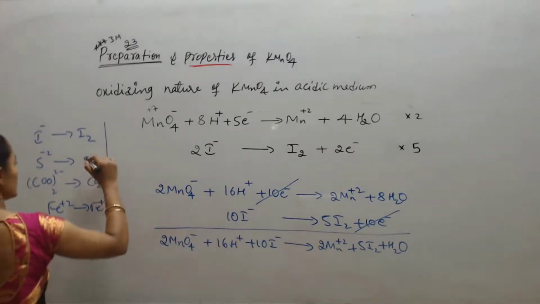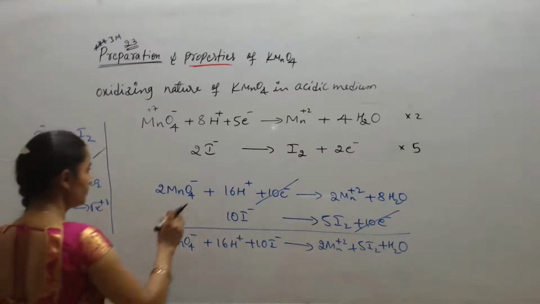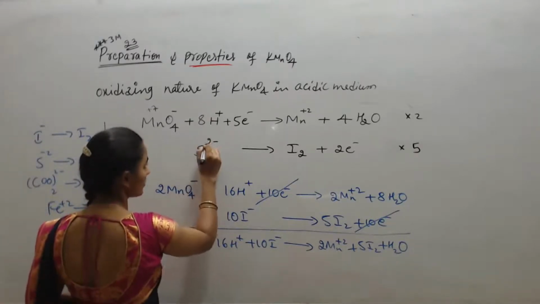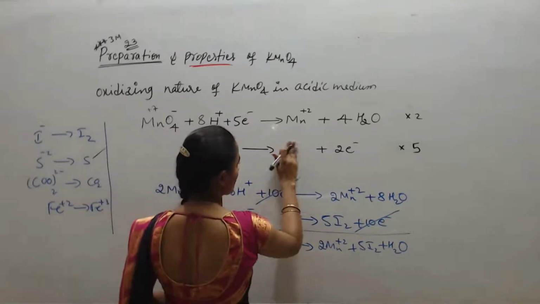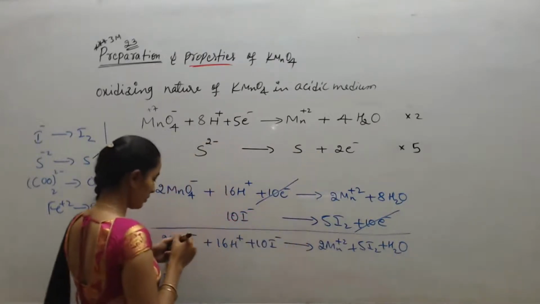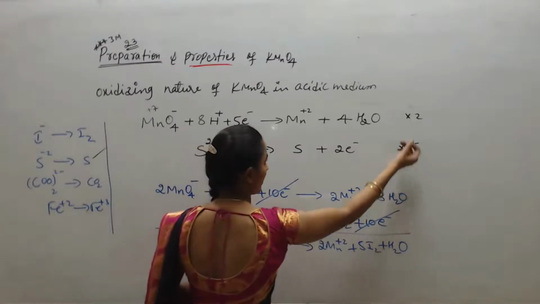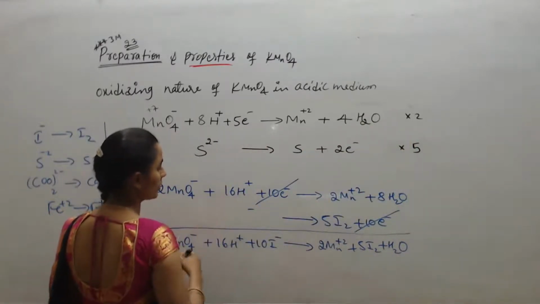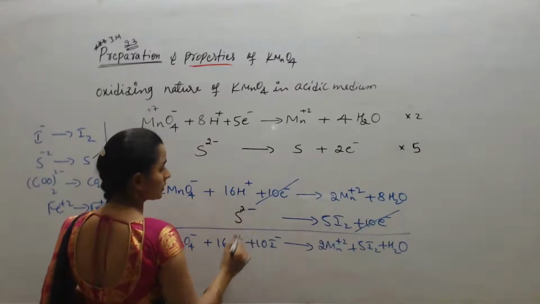Similarly, if we consider sulfide, instead of this we have to take S2-. This is sulfur and 2 electrons. So same, this is multiplied by 5, this is multiplied by 2. Instead of iodide we have to take sulfide, S2-.